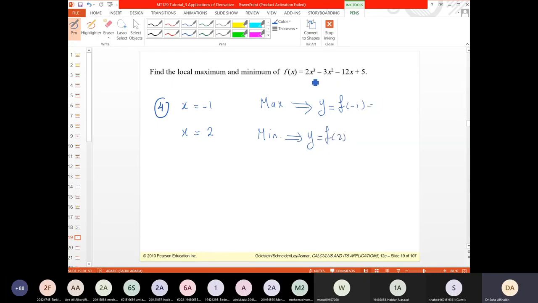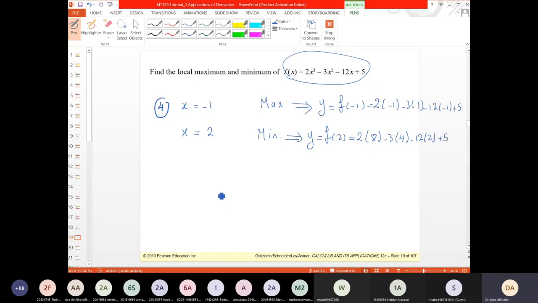So we substitute in function f, the original function f. At -1, this will be 2 times -1, minus 3 times -1 squared, which is 1, minus 12 times -1, plus 5, and we get the answer. And at 2, it will be 2 times 2 to the power 3, which is 8, minus 3 times 2 squared, which is 4, minus 12 times 2, plus 5.